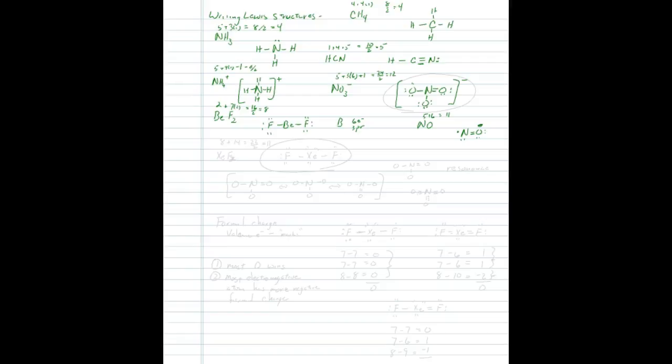If we have XeF2, Xe is 8 plus F2, 14, is 22 divided by 2 is 11. Xe connects to the F's. Outsides must have the full octet. 1, 2, 3, 4. 1, 2, 3, 4.